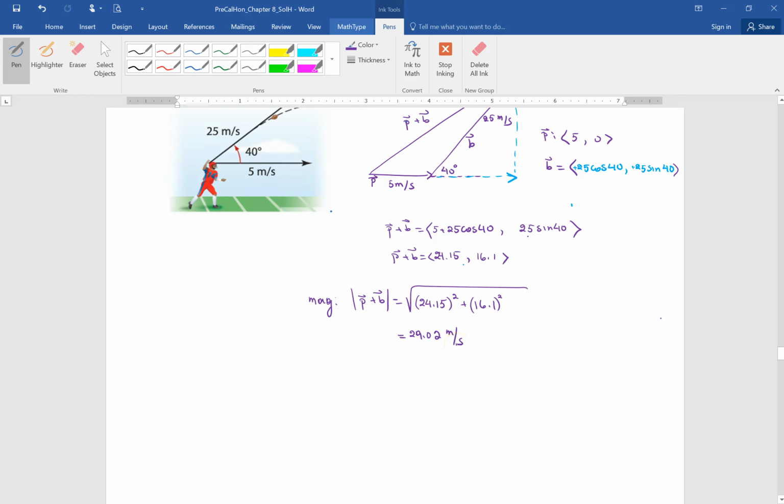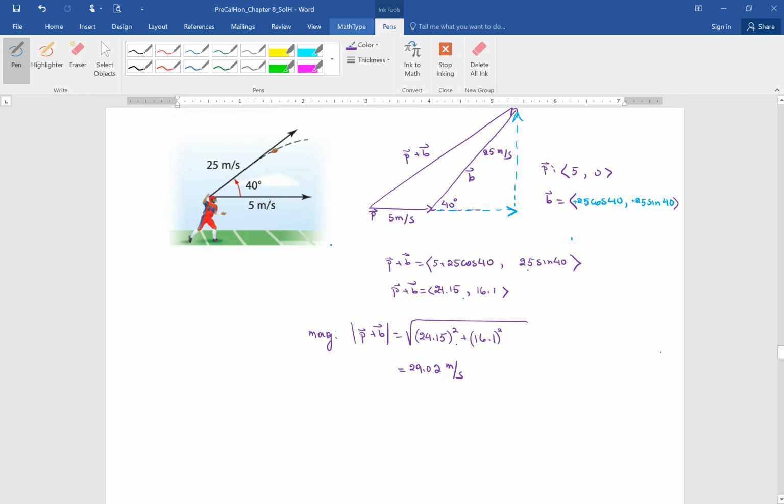So that's the magnitude. That means he threw the ball at 25 meters per second. But because he initially was also moving at 5 meters per second, the ball is moving at 29 meters per second, even though he threw it at 25. Okay? Had he been standing still and thrown it, the ball would just have been moving at 25. But now, because he was running, it's moving faster.